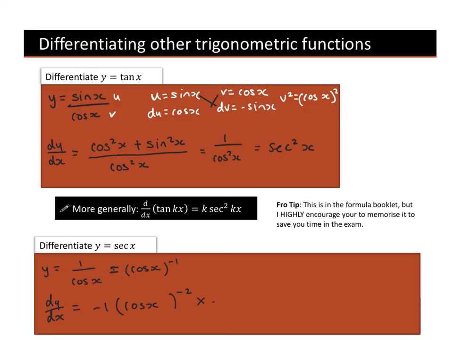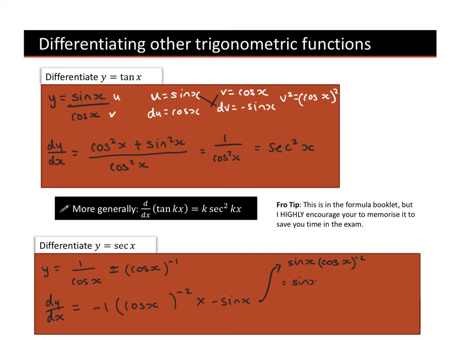The differential of cos x is minus sine x. So then I get minus 1, lots of minus sine x. Well, this actually becomes positive sine x multiplied by cos x to the power of minus 2. So that means we can put that now as a denominator.